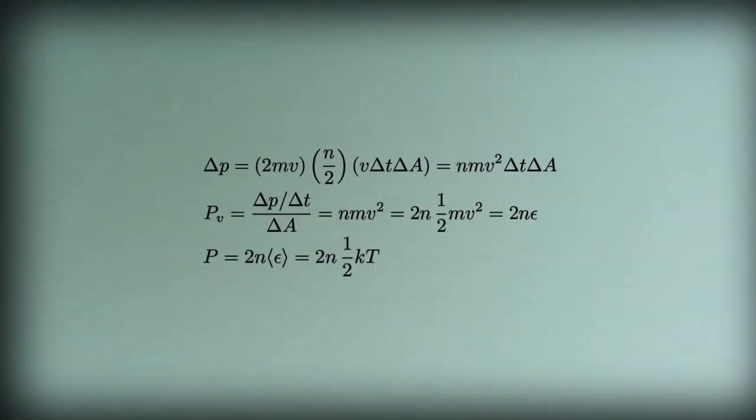Now, we've been assuming all the particles have the same speed v, but that's not true. There's a whole range of speeds. So we should replace epsilon by its average value, which, as we discussed a moment ago, would be 1/2 kT in a one-dimensional universe. So in the end, the pressure is 2n times 1/2 kT, or simply nkT.